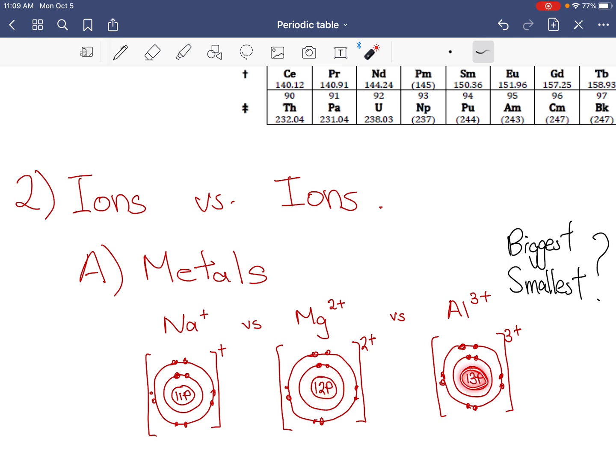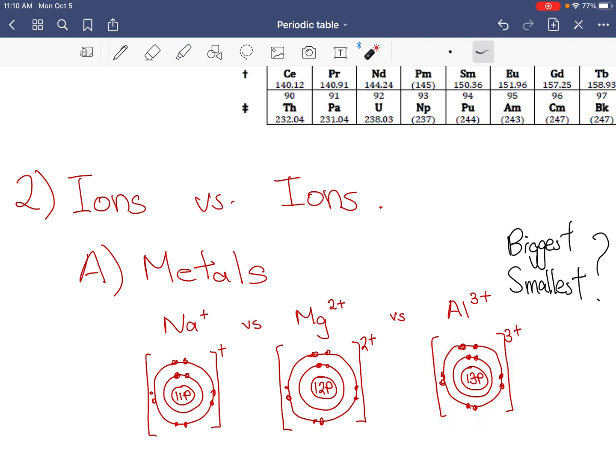Obviously, this one has the strongest nuclear charge because there's 13 pluses here versus 11 pluses here. Take a look at the negatives. Notice that they're all the same: 10 electrons, 10 electrons, and 10 electrons. So you have 11 protons here attracting 10 electrons, 12 protons here attracting 10 electrons, and 13 protons here attracting 10 electrons.